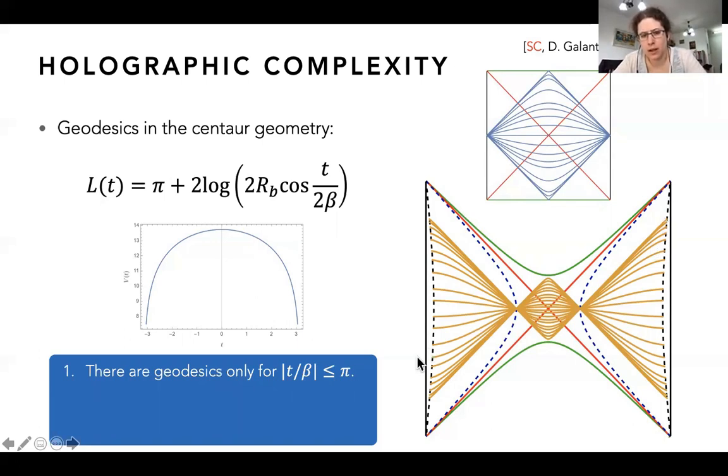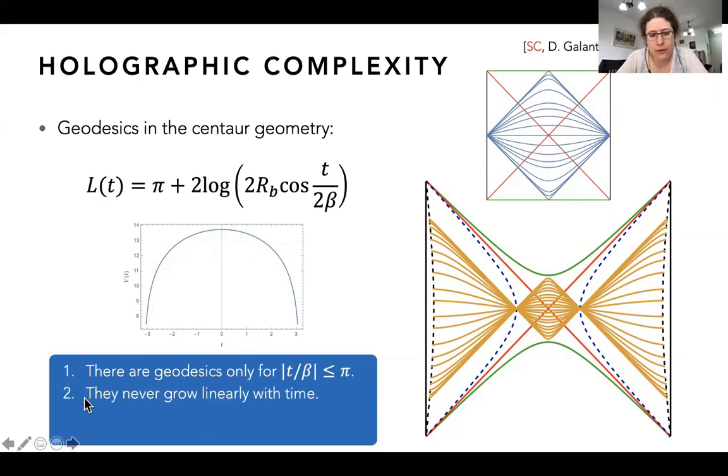They only exist at times which are of order of the inverse temperature. So there will be geodesics, and then at some point these geodesics will become imaginary. It's not very clear how to interpret that from the point of view of complexity of the boundary theory, but just to say that these geodesics stop existing. So perhaps this proposal would have to be adapted after this time.